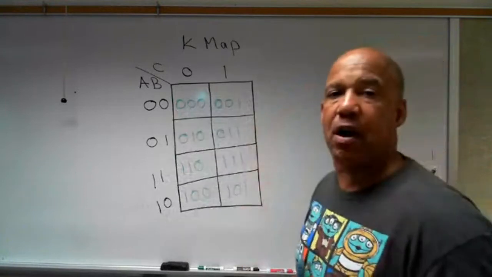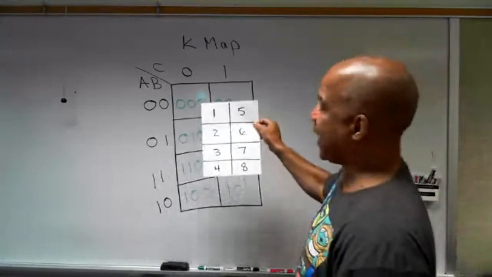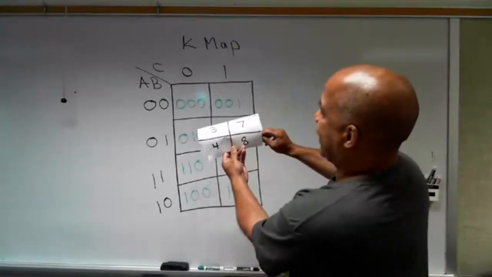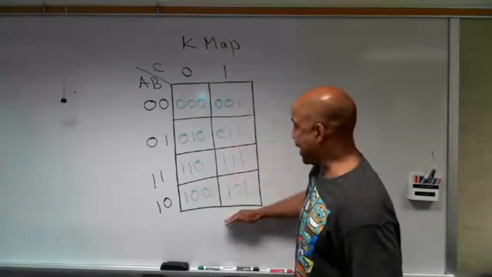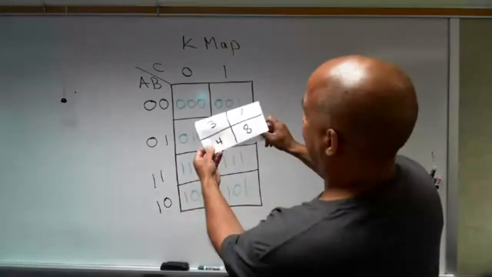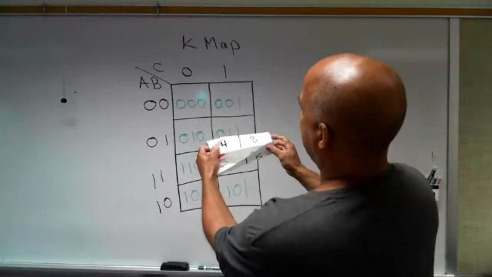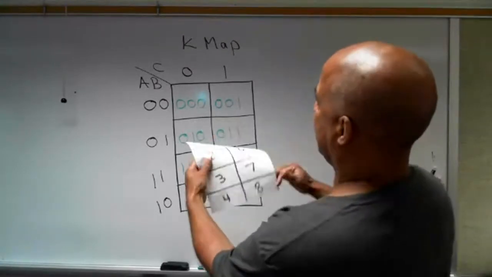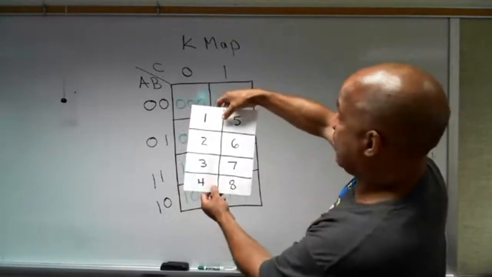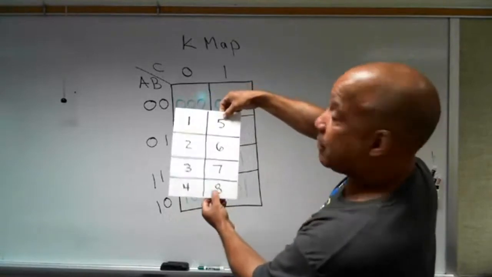But there's something else. There's something called wraparound. I can take this K-map and fold it around like this so that the top and the bottom touch each other. If I roll it around like this, so the top and bottom of the K-map touch, then you can see that cell 1 will touch 4, and cell 5 will touch 8.